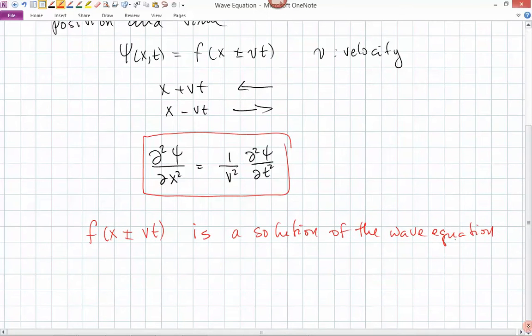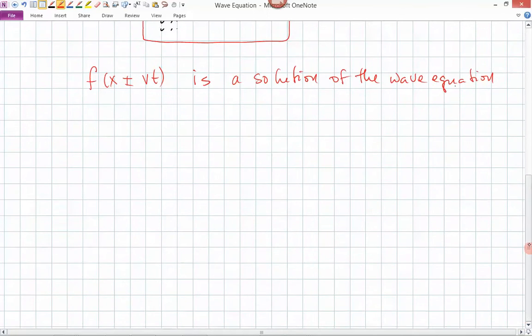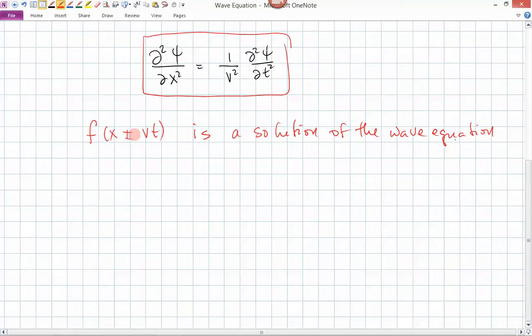Okay, to do that, to prove that this function is a solution of this equation, let's define the variable u, which is equal to x plus or minus vt, and then we know that partial u with respect to x is equal to 1, and partial u with respect to t is equal to plus or minus v.